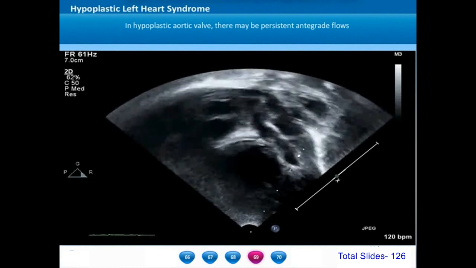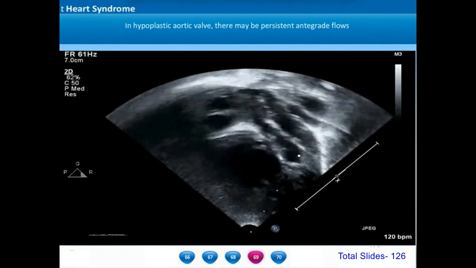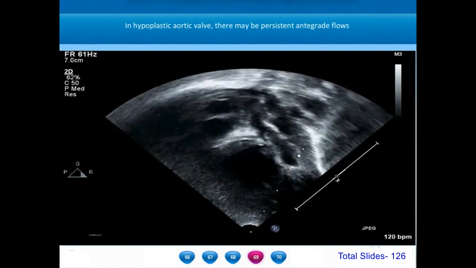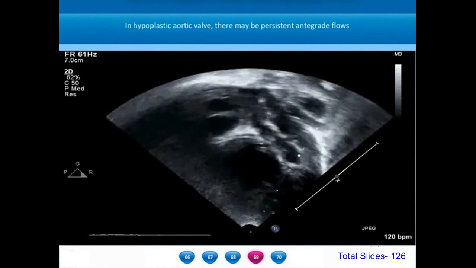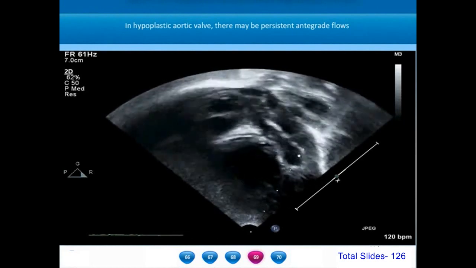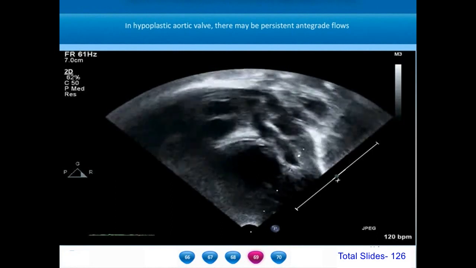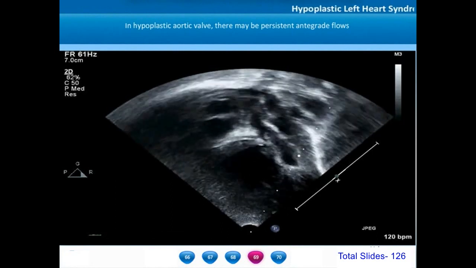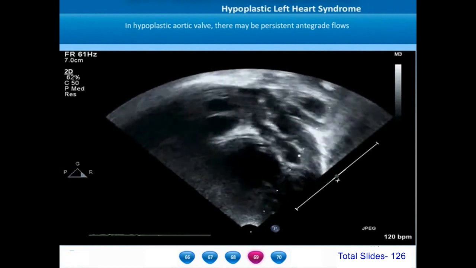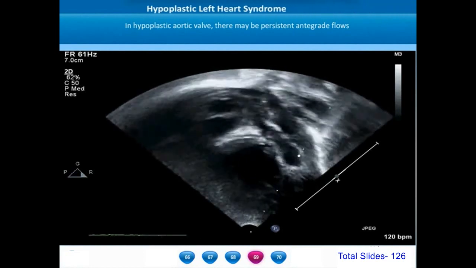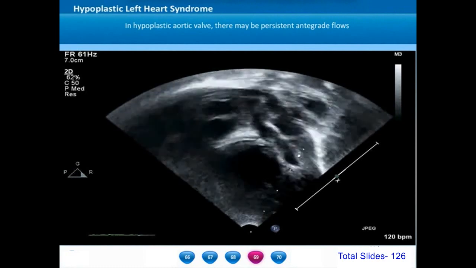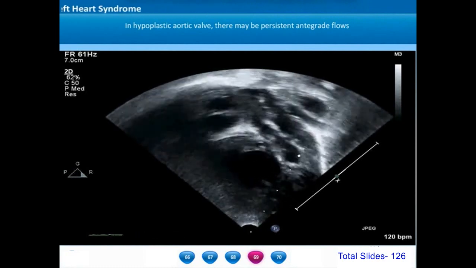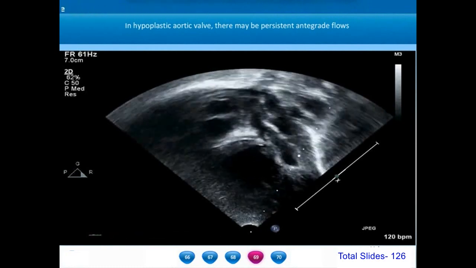In this other example of hypoplastic left heart syndrome, there is a marked hypoplasia of the aortic annulus and ascending aorta. However, the aortic valve is not atretic and there is very minimal antegrade flow. We can see the brief systolic contractility of the hypoplastic left ventricle, even though there is substantial left ventricular endocardial fibroelastosis.